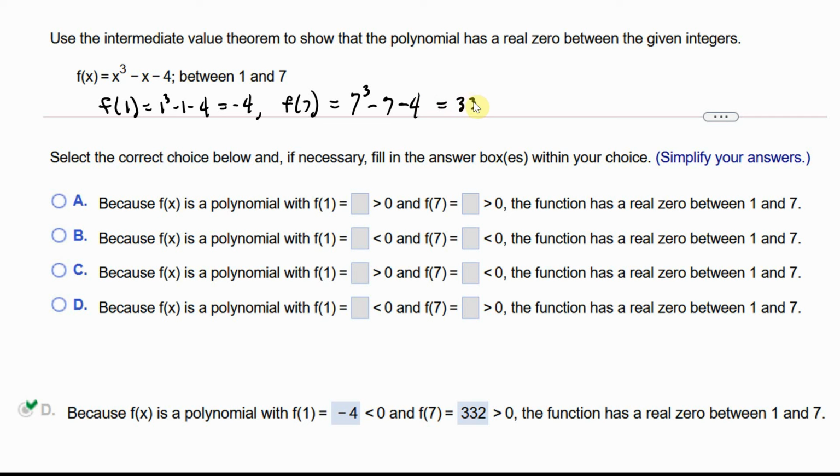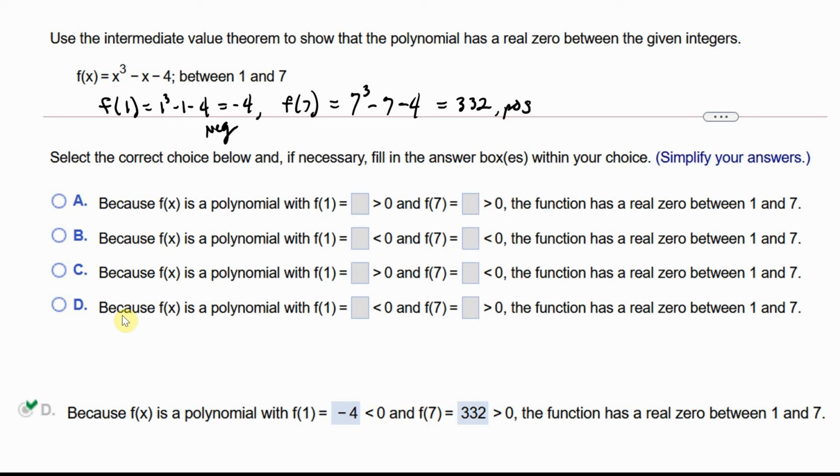So what is that? That's 332. It's positive. So it says f of 1 is negative, so I'm looking for that. So f of 1 has to be less than, so I get b is less than. But then it says f of 7 is less than, no, f of 7 is positive.